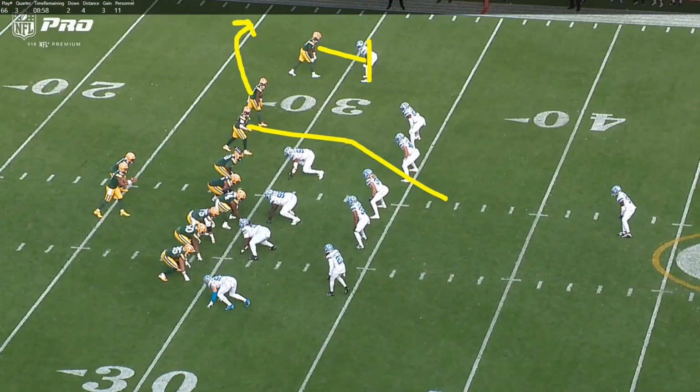So we've got our base terminology, but we're going to put it together now. Read this again. RPO: you've got, to the trip side, a 2-man bubble screen, a pre-snap read, paired with a glance route, a post-snap read. So we've got all that now. We've got our trips. We know what a run pass option is. We're going to have Jacobs running.